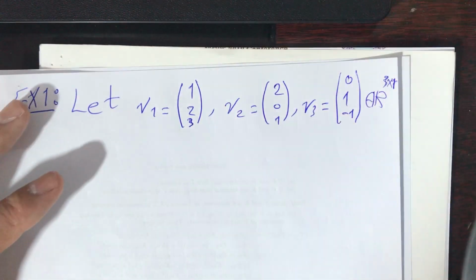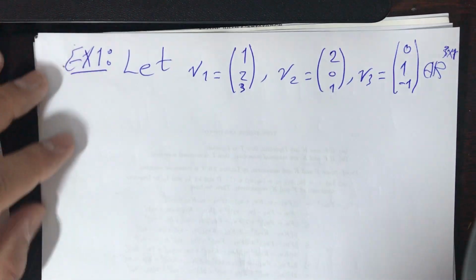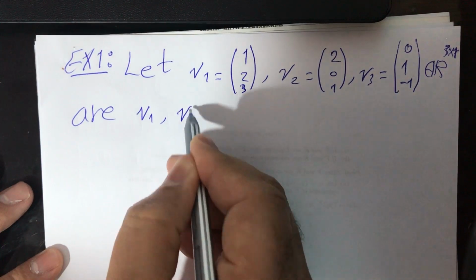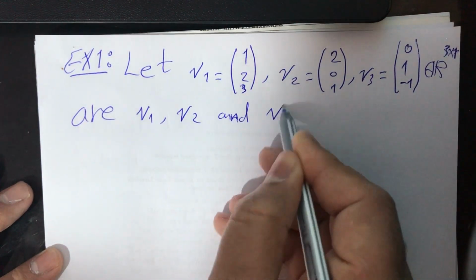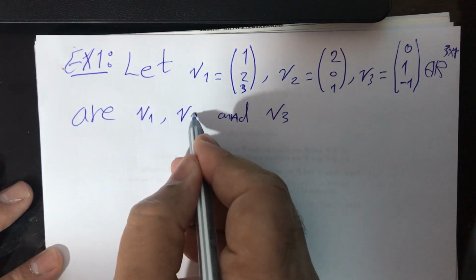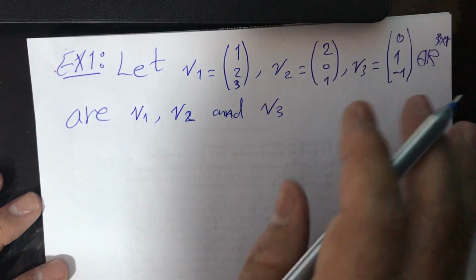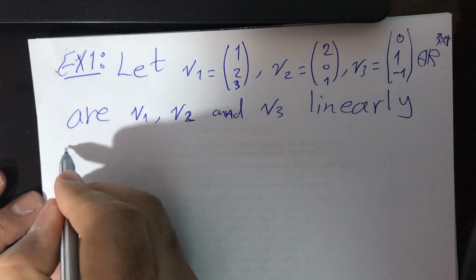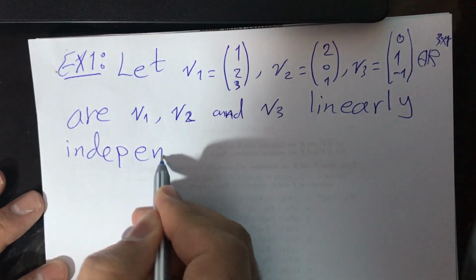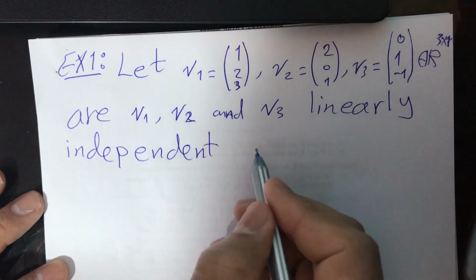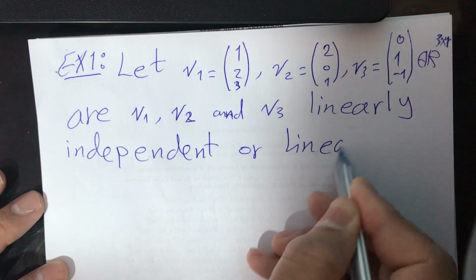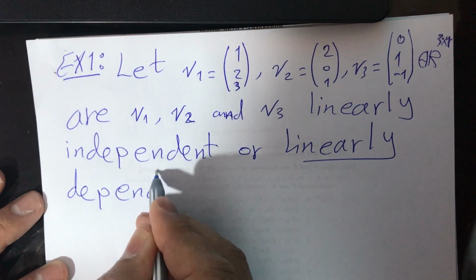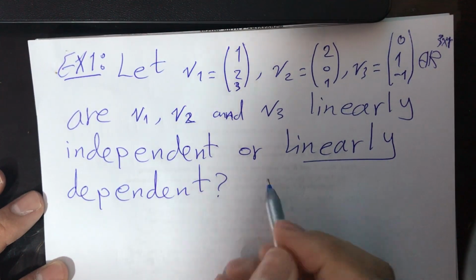Are V1, V2 and V3 linearly independent or linearly dependent? Show that.